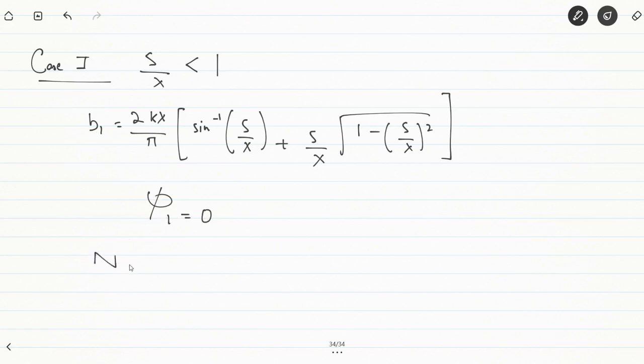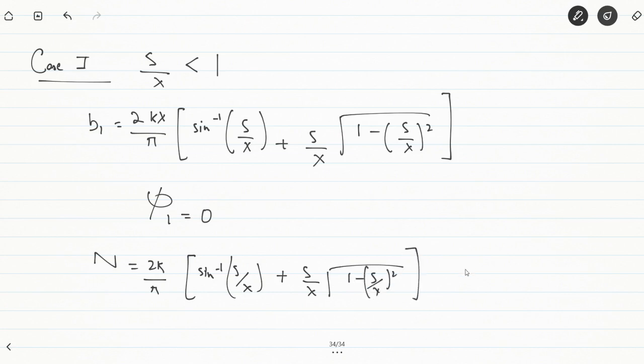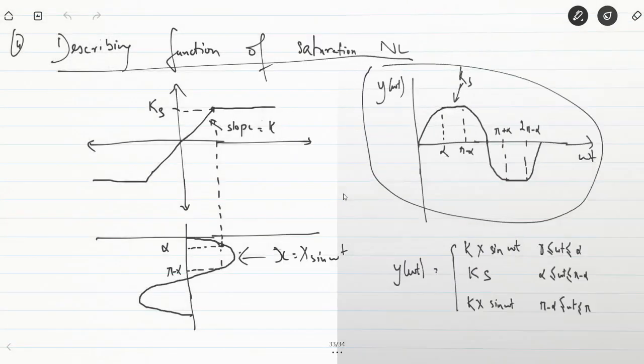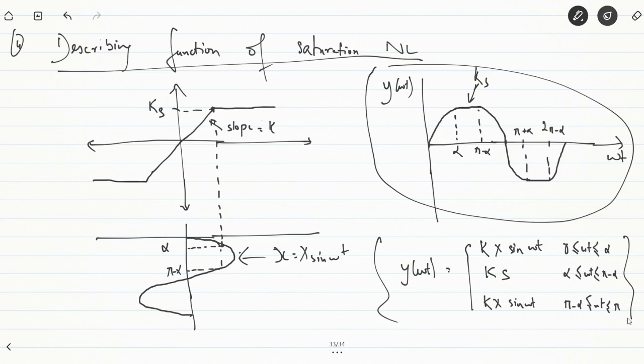Therefore, N will be equal to 2k by pi times sine inverse of s by x plus s by x times the square root of 1 minus s by x square, angle 0 degrees. So this will be our describing function for the first case, where s by x is less than 1. In that case, our output will be equal to this, fine.